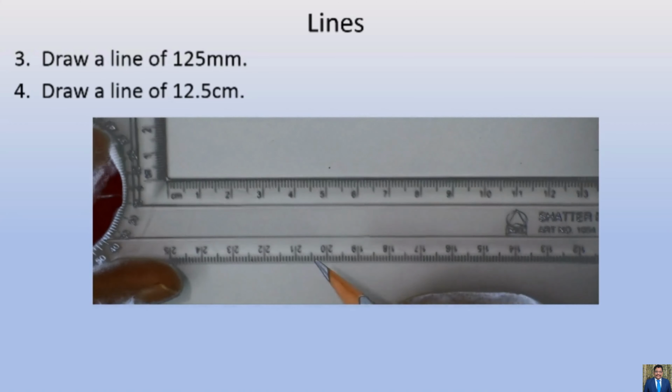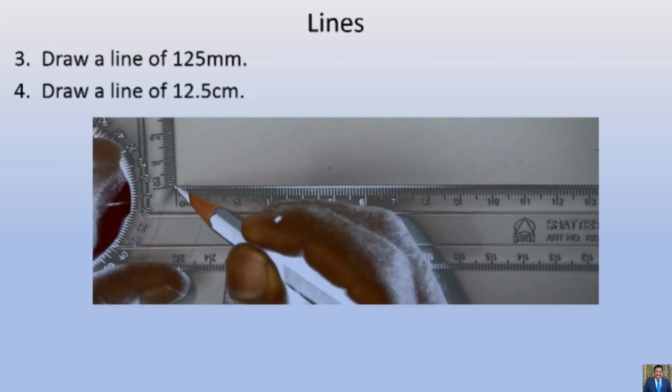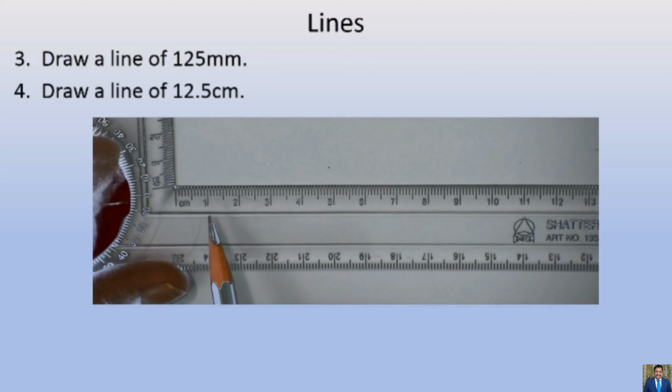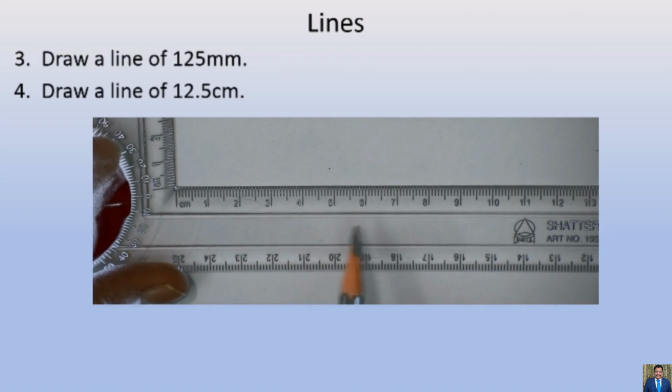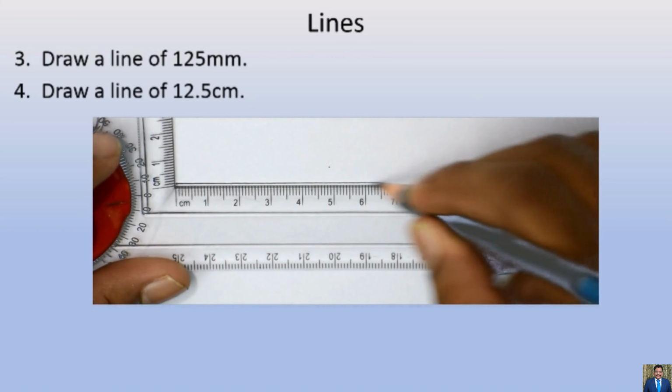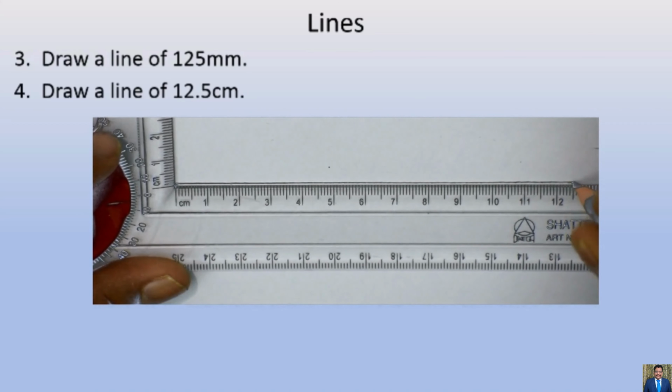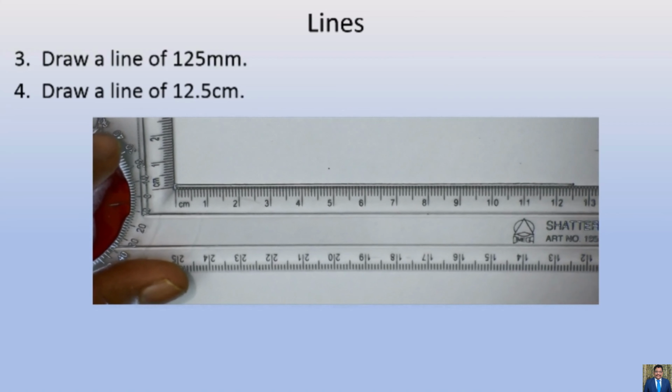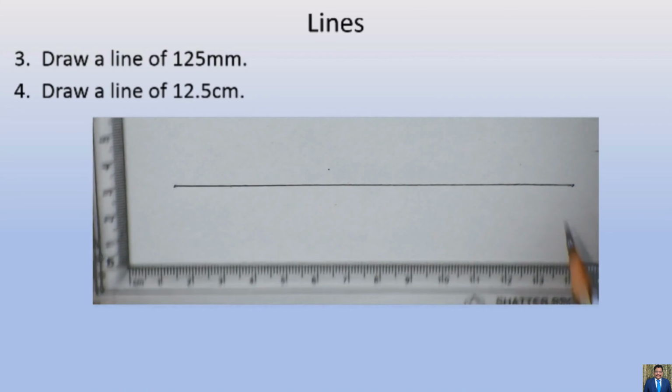So again I will draw first the third line, which is 125 mm. Oh, what has happened? So I will take 125 mm in between the 12 and 13 centimeter marks here. You can observe here, so this is going to be my 125 mm line.